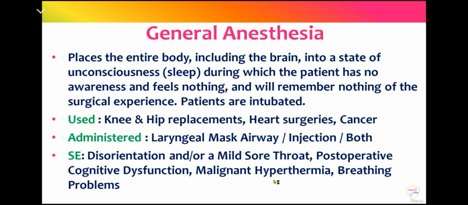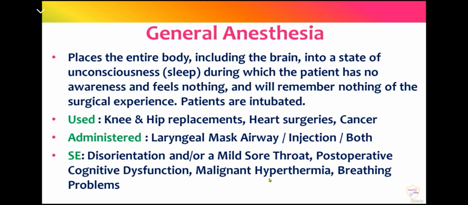Now, malignant hyperthermia is a medical super urgency. It's an anesthetic state where the patient has extremely high body temperatures. This side effect is usually related to the anesthetic agent and sensitivity to the anesthetic agent.